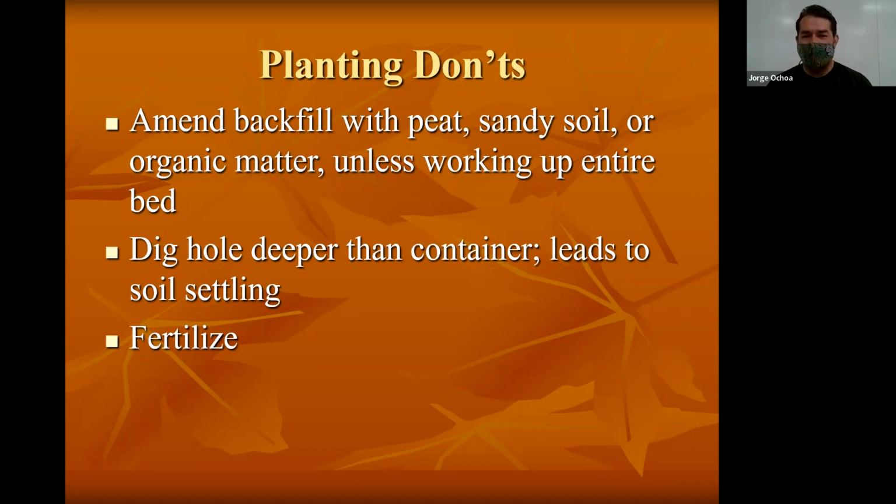What's going to happen when the plant sinks is that the native soil is going to cover the top of the root ball. And 99% of failures on new installations of perennial plants are because of this. Oftentimes I get a phone call like, I just put in a new garden and I have this plant over here on the corner that is just wilting and dying, and I have no idea why, because irrigation is working well.